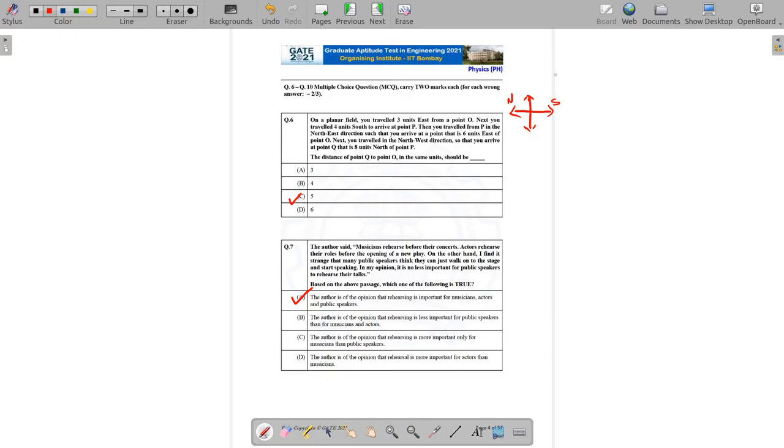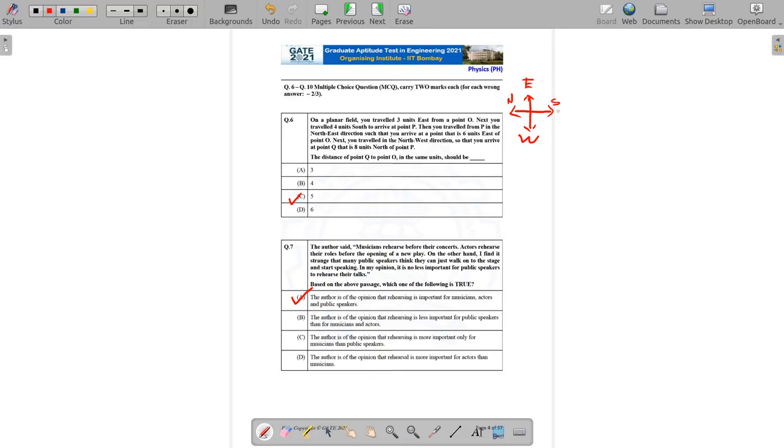Okay, my compass is also not working. So let's start from, I think this is east. Okay, let's go this way.